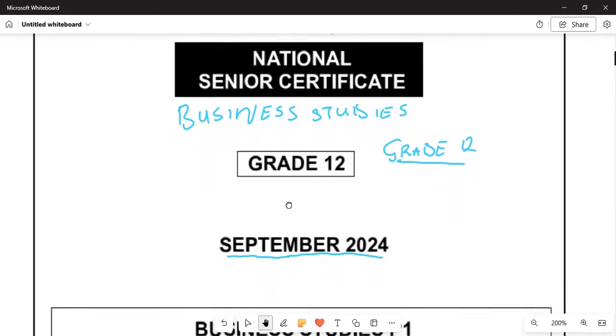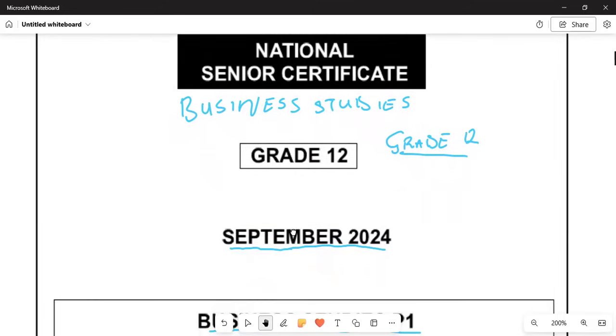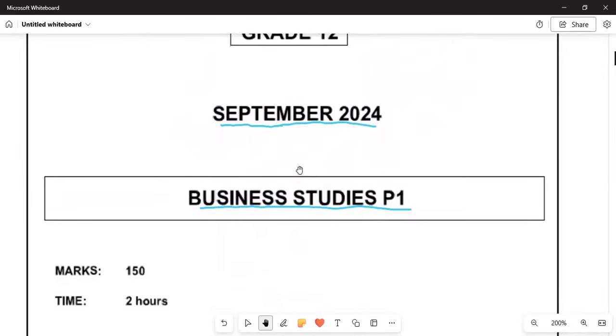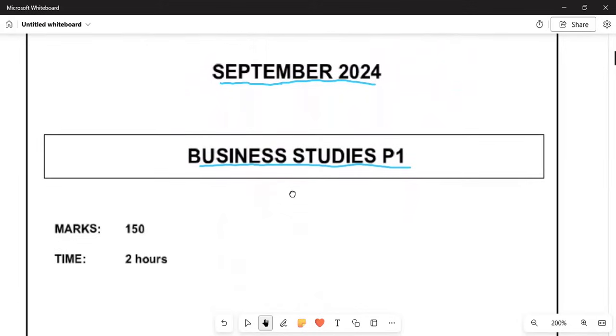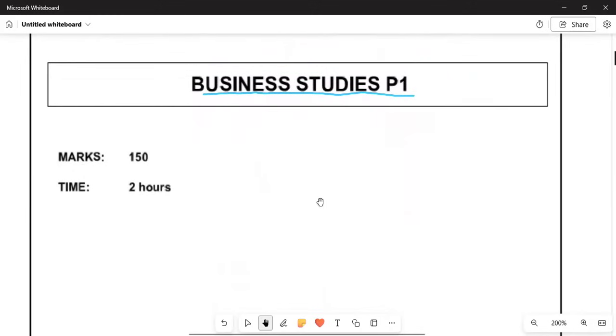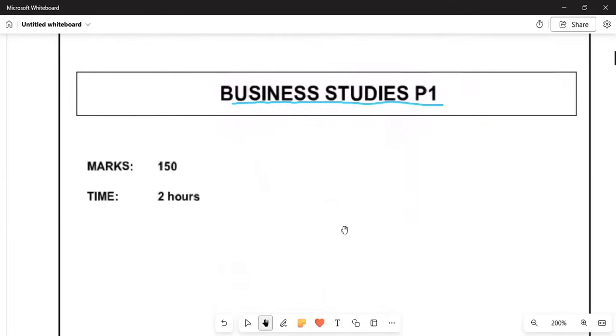The question paper we are going to do was written last year in September 2024. As we know, it's Business Studies Paper 1. The marks are 150, and we take 2 hours to write this paper.